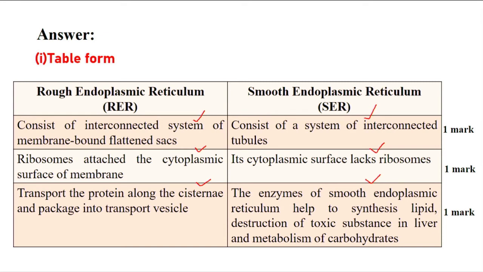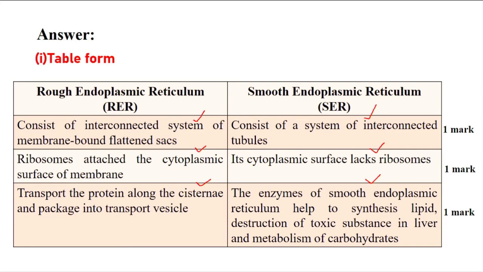Class, your answer should tally for both columns. What does it mean by tally? If you want to talk about the structure, then you have to talk about the structure for the second column. If both correct, then 1 mark will be given.